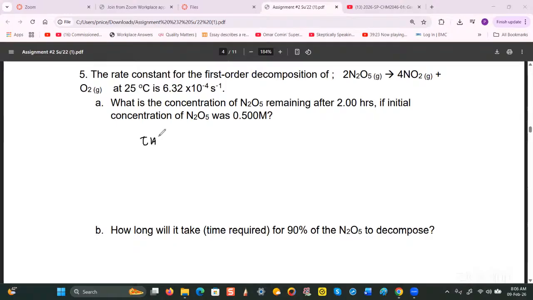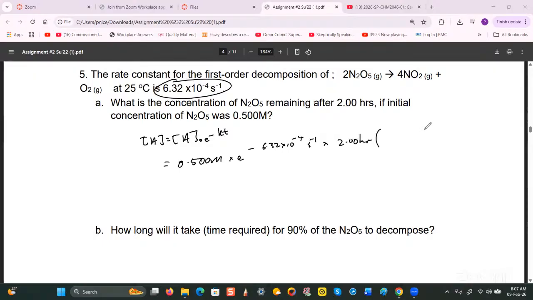For those of you who will be watching the video later on, this is the equation that was used, right? And we just put the numbers in: 0.500 M times e to the minus k, which is a rate constant, 6.32 times 10 to the minus 4 seconds to the minus 1, multiplied by 2 hours times 3,600 seconds over 1 hour.